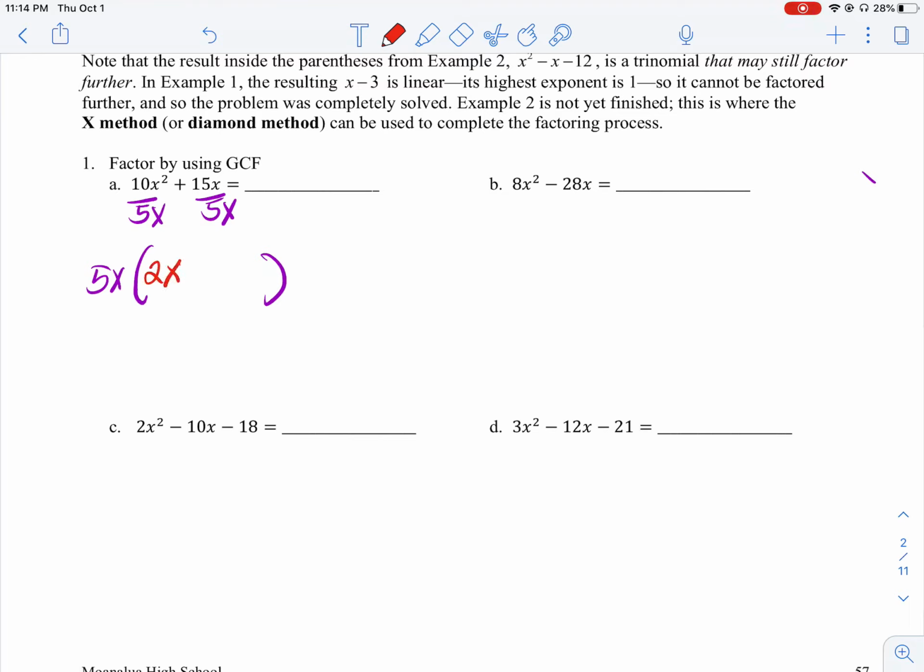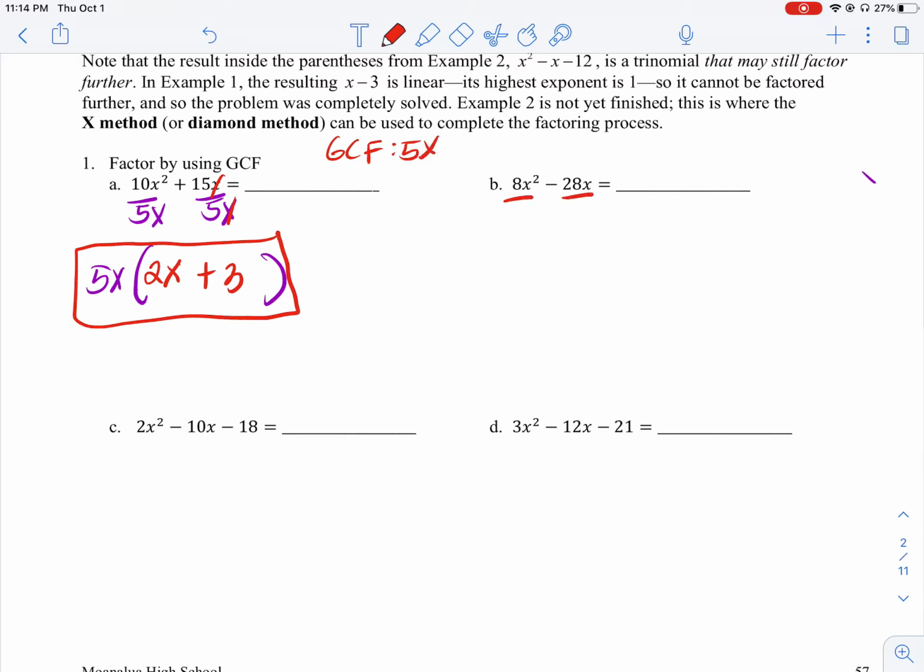And then we have 15x, the x cancels, that's a plus 3. So we have 5x times (2x plus 3), where the 5x is the GCF. So the GCF is 5x.